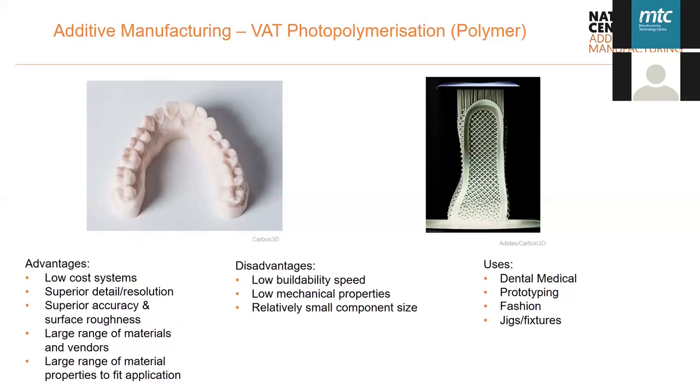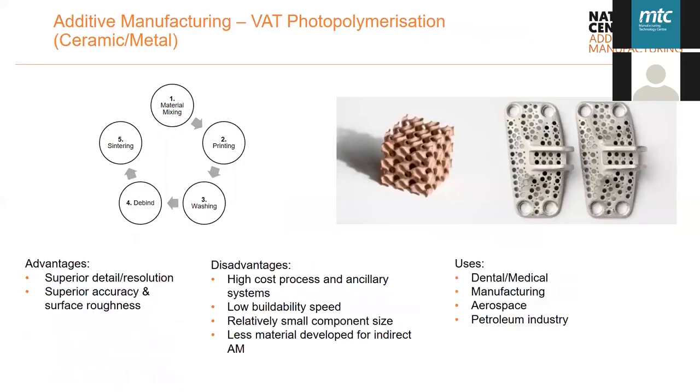Also going to touch on ceramic and metal with that photopolymerization. So the difference between this technology for ceramics and metals and polymers is that there are additional indirect additive manufacturing steps such as debind and sinter.